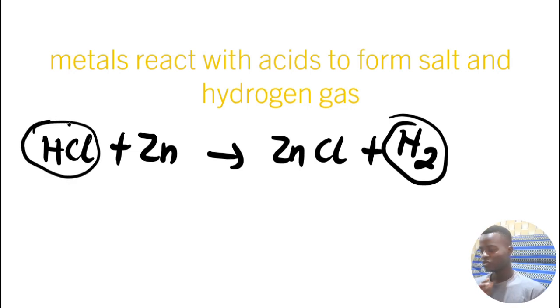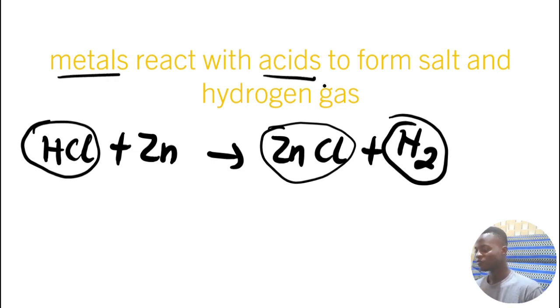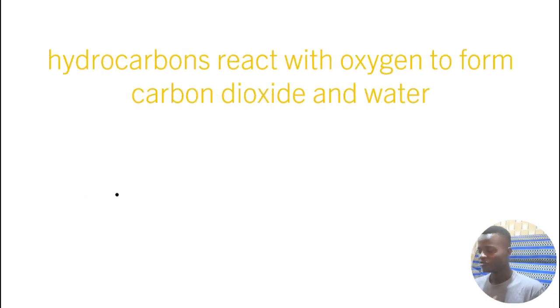We've done that when we were naming in IUPAC nomenclature, naming of acids, binary acids and all that, under our series of IUPAC nomenclature of inorganic substances. So we know that this is an acid, hydrogen chloride, combined with zinc. It's going to give you a salt and hydrogen gas. So you get familiar with this as time goes on. Once you know that an acid is reacting with a metal, you're supposed to have hydrogen gas and a salt. When you practice, you don't have to chew it later on.